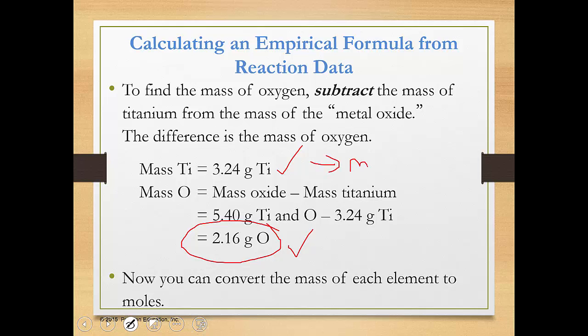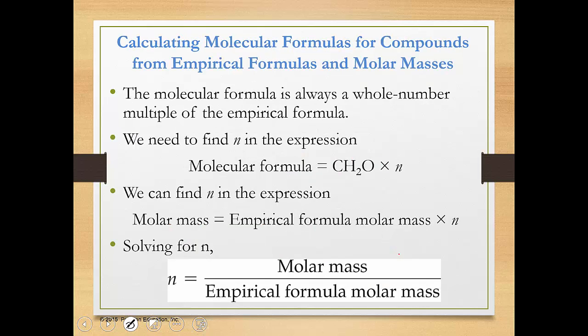I can convert this to moles because I know the molar mass of titanium on the periodic table. I can convert oxygen to moles because, again, I know its atomic mass from the periodic table. So now I can carry out my next step. I can convert those two to moles. Okay, and then once I've converted them to moles, then I can continue on and find the ratio.